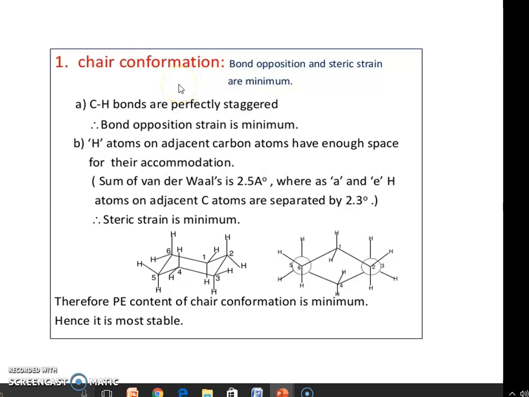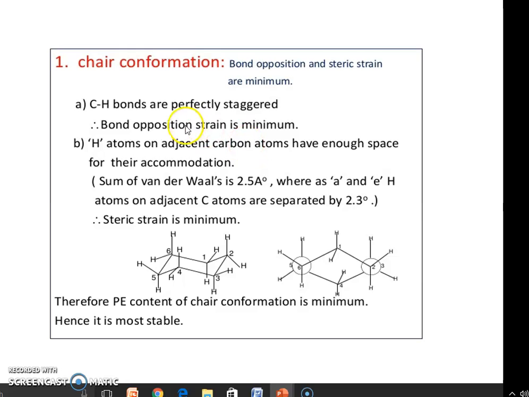If we go on to discuss the stability of the conformations one by one, the first one is the chair conformation, wherein we observe the minimum bond opposition and steric strain, and all carbon-hydrogen bonds are perfectly staggered. This is the Newman projection formula for the chair conformation.